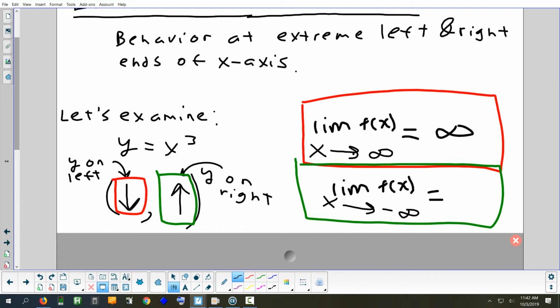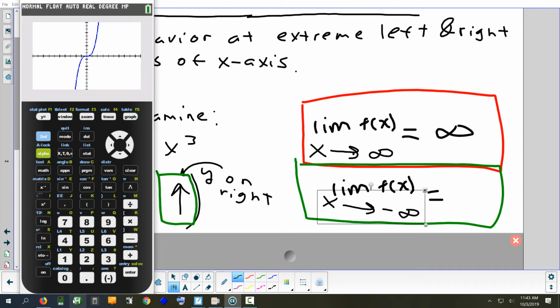So what's happening to y as x goes further and further right? The y value is going up and up and up to infinity, never stopping. Now the bottom one says, what's happening to the y value as x heads to the left? Negative infinity is to the left. So what's happening to my y value in this picture if I head further and further left? Approaching negative infinity.